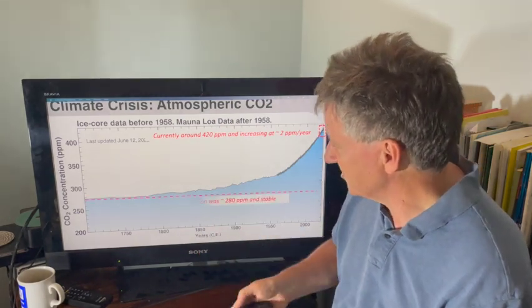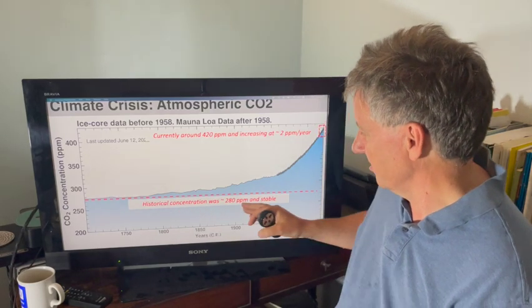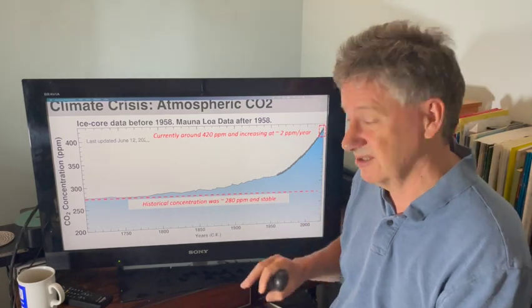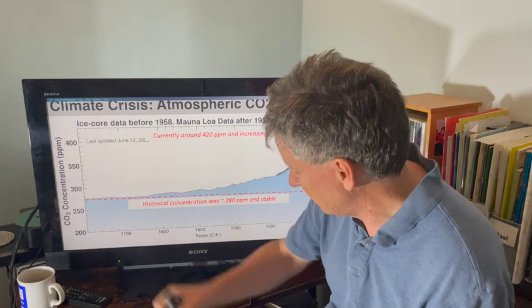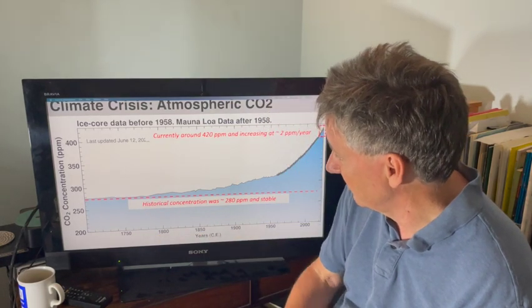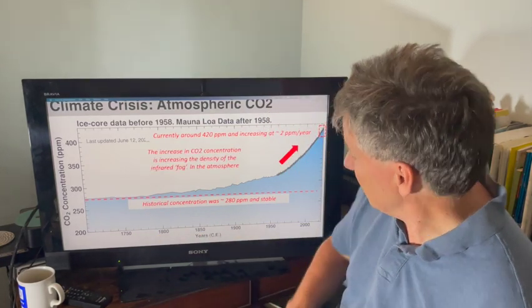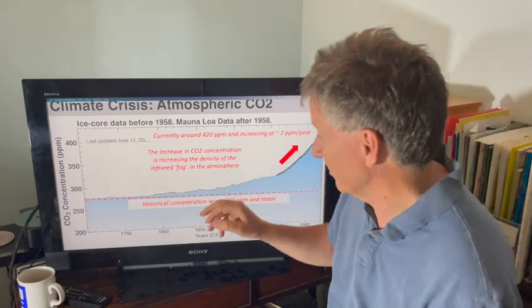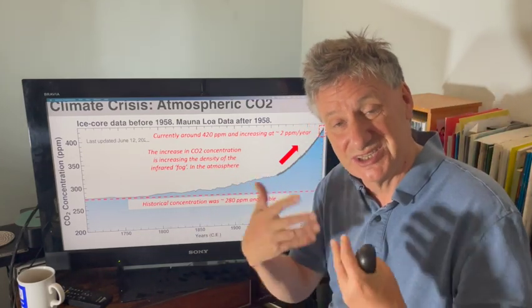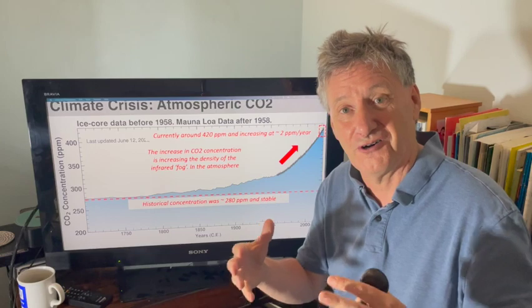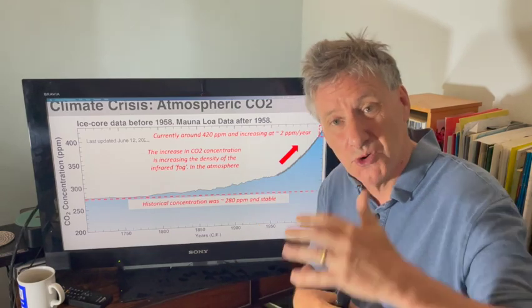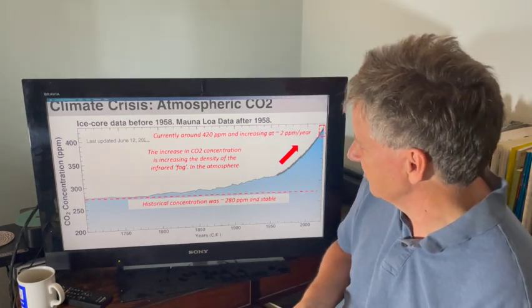But you can see that historically, the concentration was 280 parts per million and stable, back several generations ago. Now, this increase in carbon dioxide concentration is increasing the density of this infrared fog, making the atmosphere more opaque to infrared light.